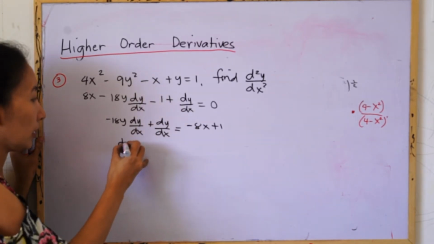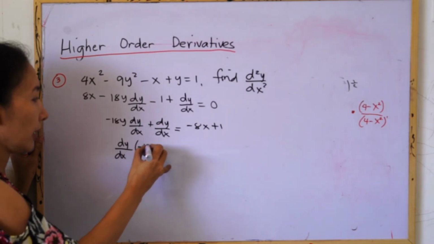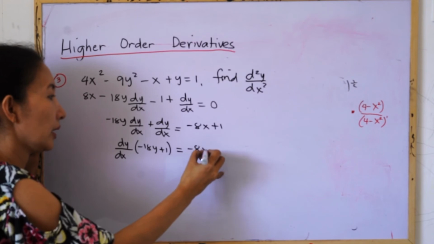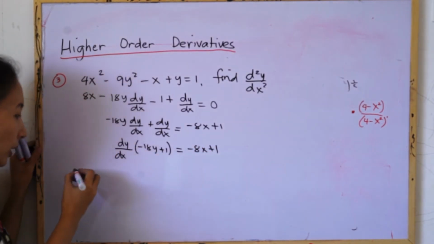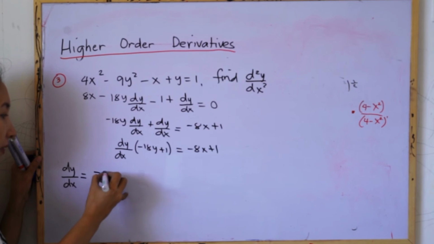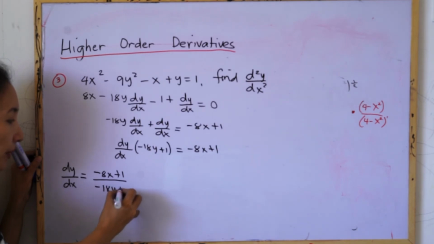Then factor out dy over dx: negative 18y plus 1 equal to negative 8x plus 1. Then finally, isolating dy over dx, dy over dx will now be negative 8x plus 1 all over negative 18y plus 1.